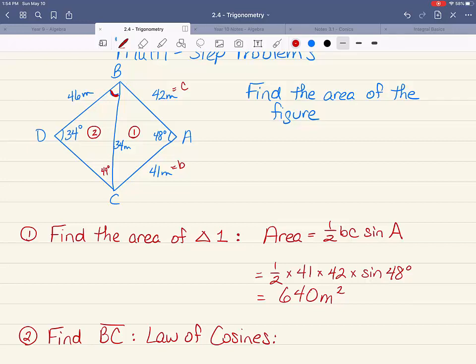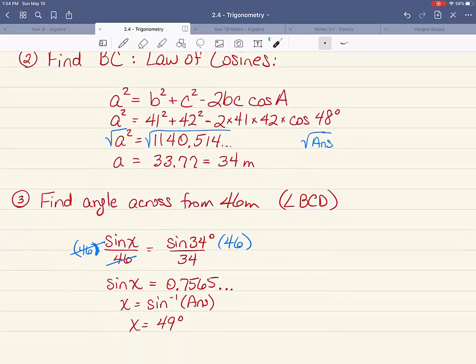That is angle DBC. Remember that all three angles in a triangle add up to be what? They add up to be 180. So I can now find that angle right there, DBC.